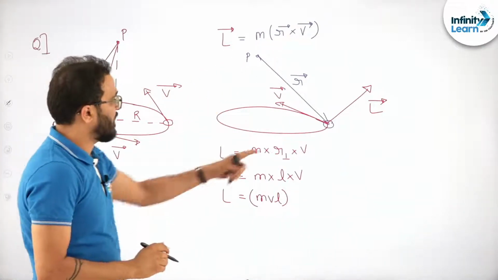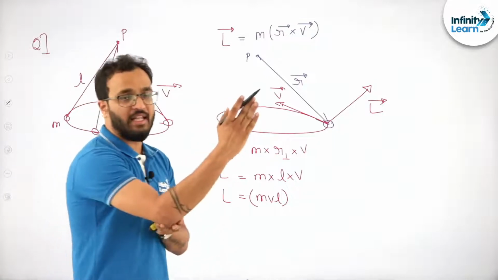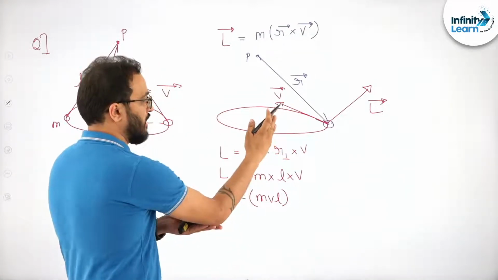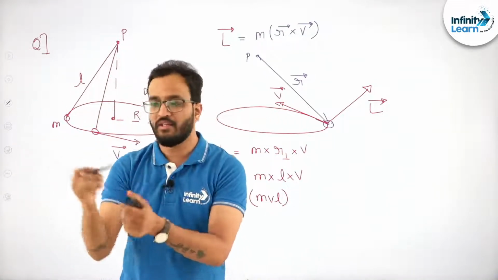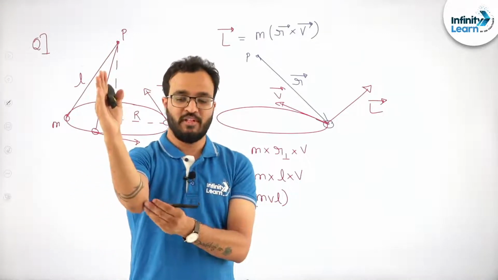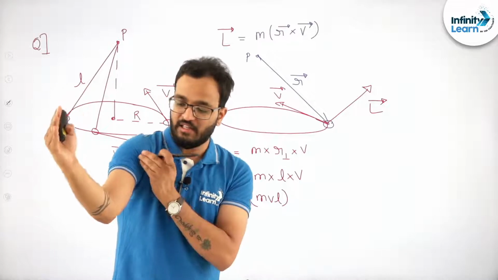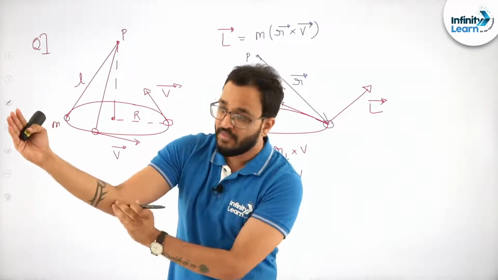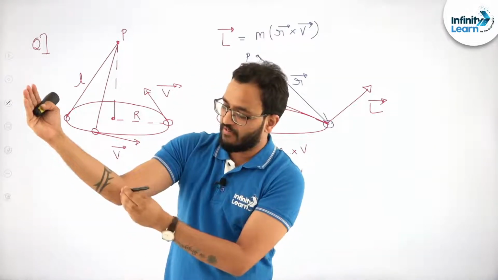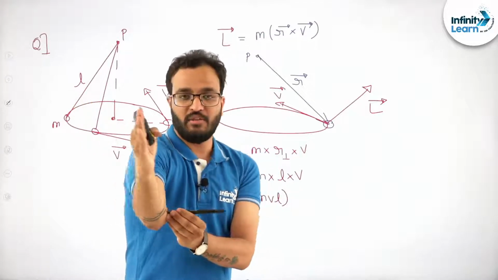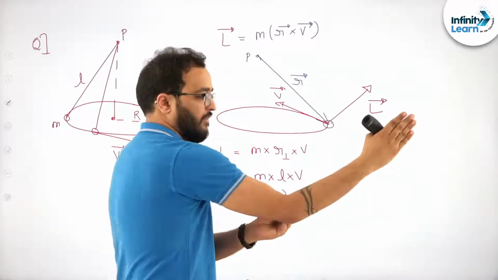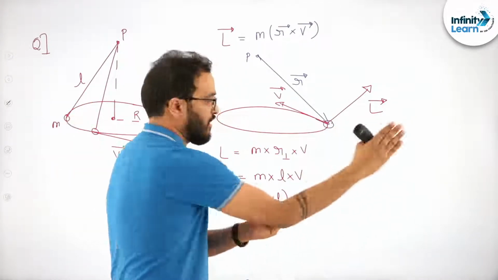So what is happening? When the body is turning, vector L's direction is also changing constantly, like this, like this. The way the body is moving, suppose this is the velocity, this is vector r, and this is vector L. So it is constantly changing.